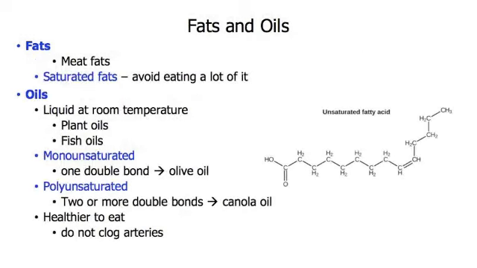In contrast to red meat and dairy products, plant and fish fats are relatively high in unsaturated fatty acids. The bent shape of unsaturated fatty acids makes them less likely to form solids, so most unsaturated fats are liquid at room temperature. Examples of oils that are primarily unsaturated include vegetable oils and fish oils.